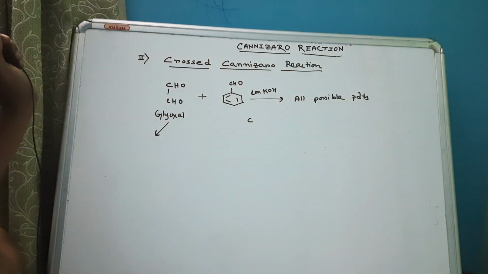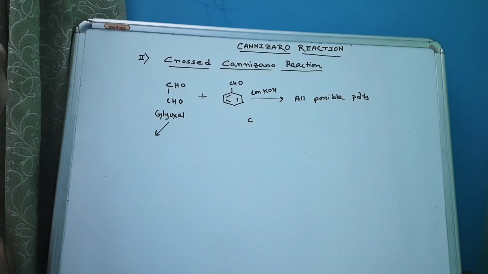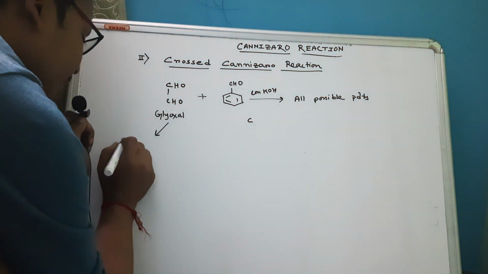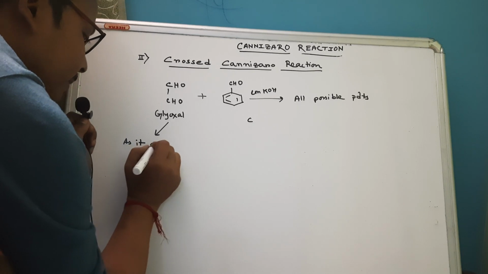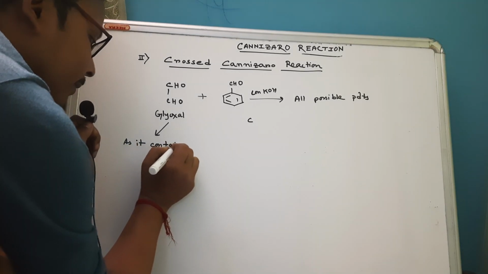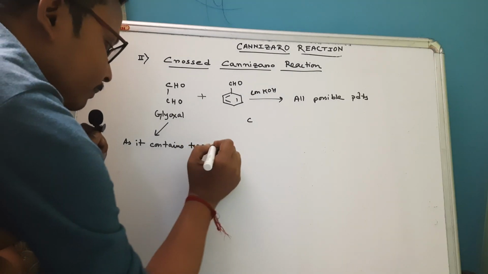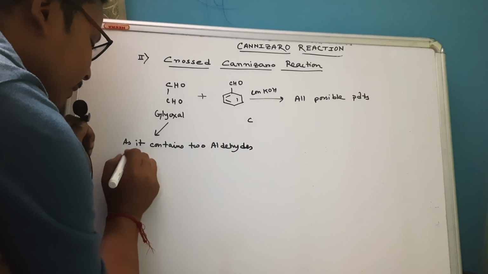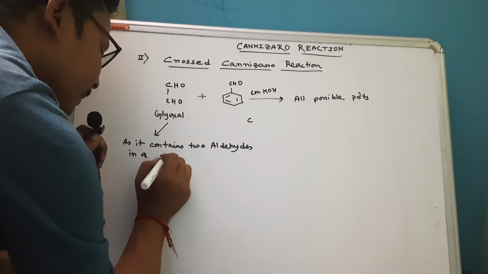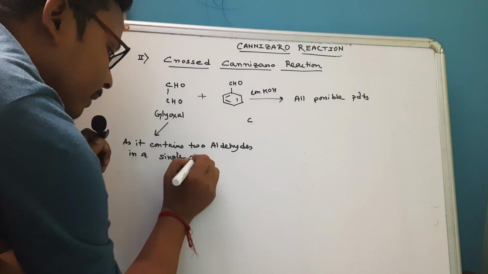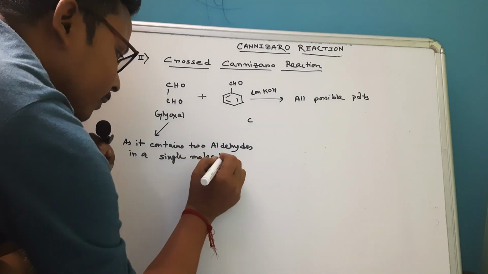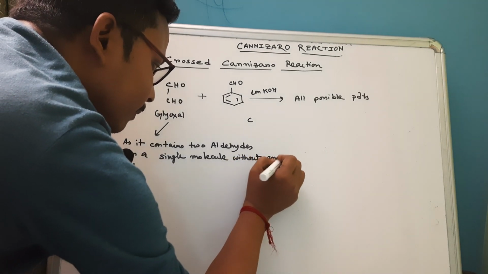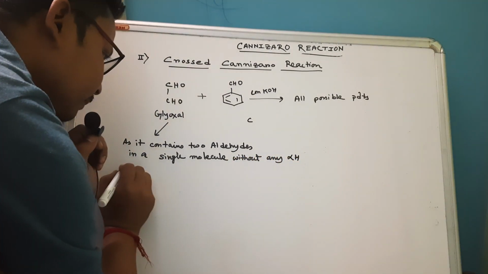The glyoxal molecule contains two aldehyde functional groups in a single molecule, without any alpha hydrogen atoms.